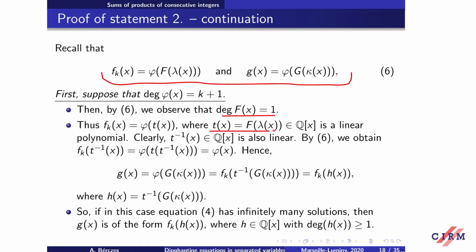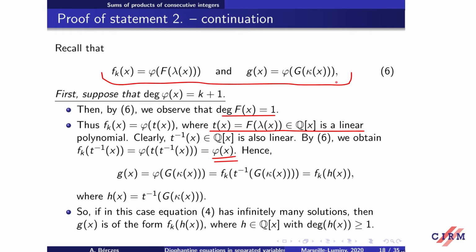It's linear. Now we can take the inverse function of the polynomial function t(x), so that t of t minus 1 gives the identity function. So this means that F_k(t⁻¹(x)) is just φ(x). So we can express φ(x) in the form F_k of something which is linear.